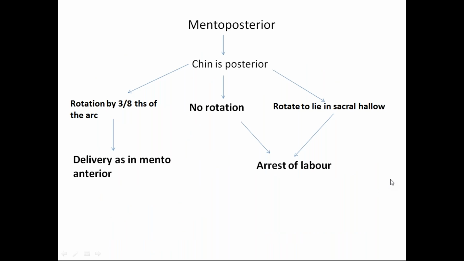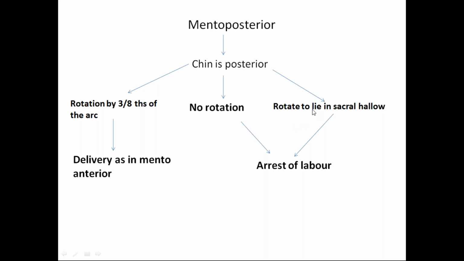Right. So supposing it is mento posterior. If it is a mento posterior, here also, just like an occipito posterior position, it undergoes a long internal rotation to become anterior and then delivers as in a mento anterior position. Right. But for persistent mento posterior or reversal of rotation into the sacral hollow, there is no normal mechanism of labor.